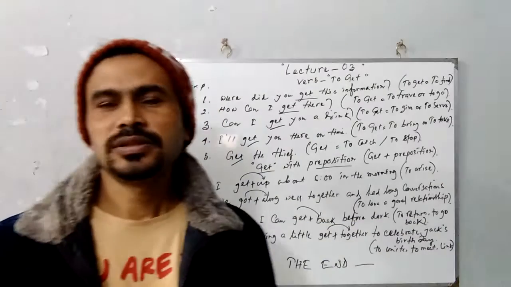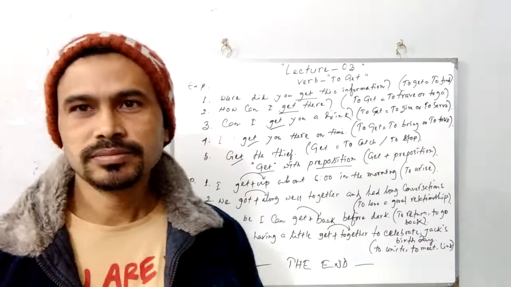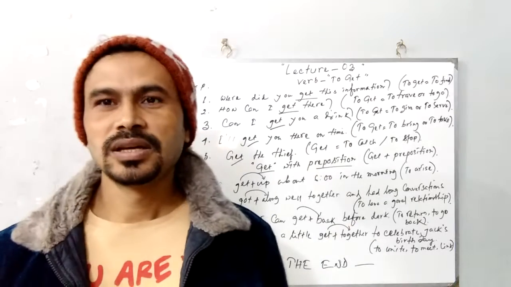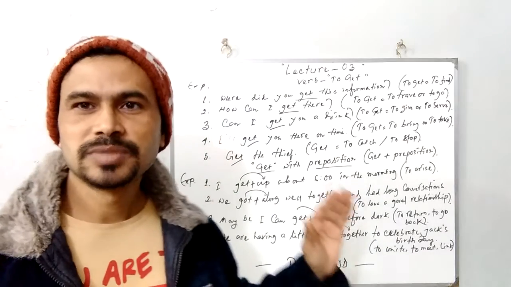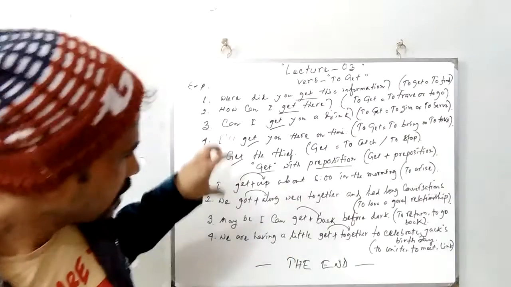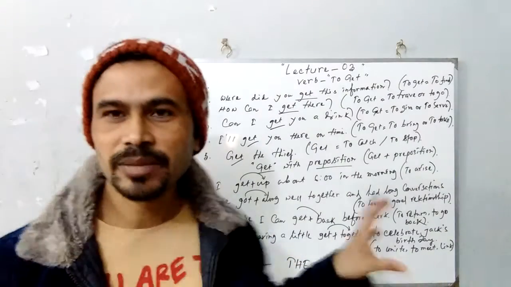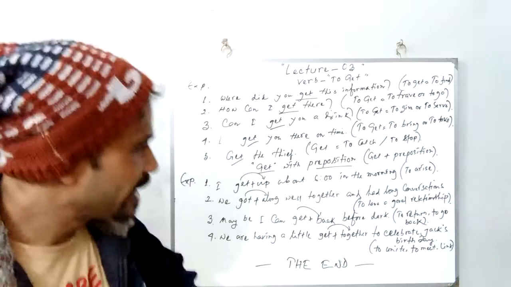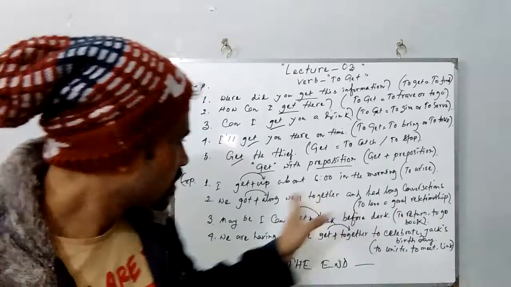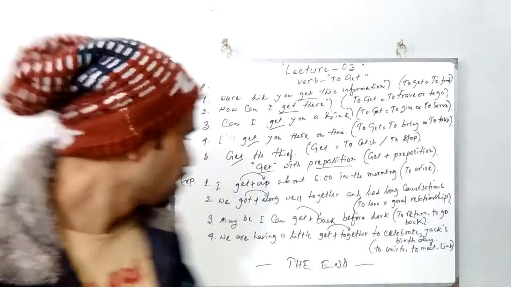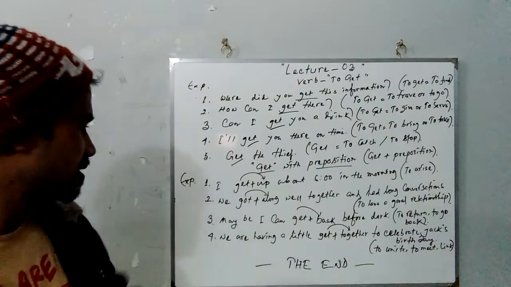When you know the meaning of get back, return or to go back, I think you can apply your brain in sentences by using get back. Okay, my friend, next sentence.